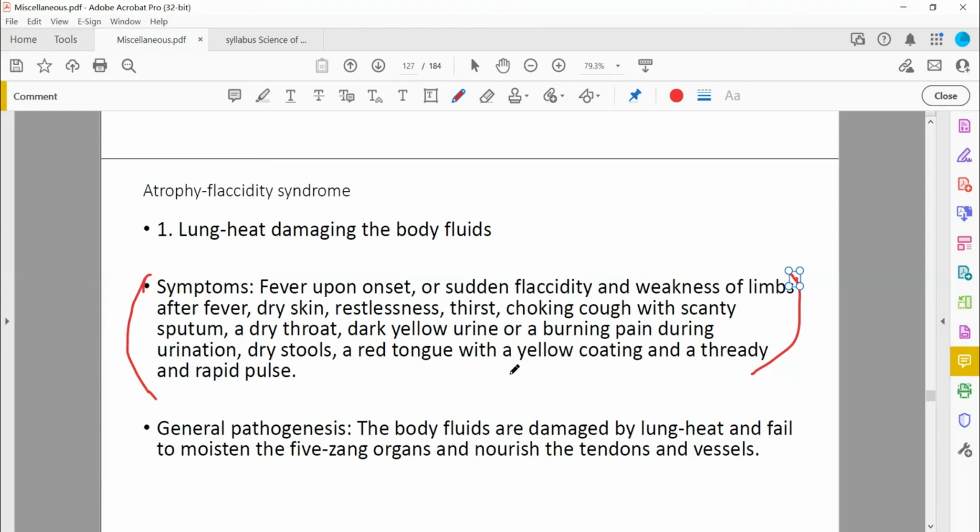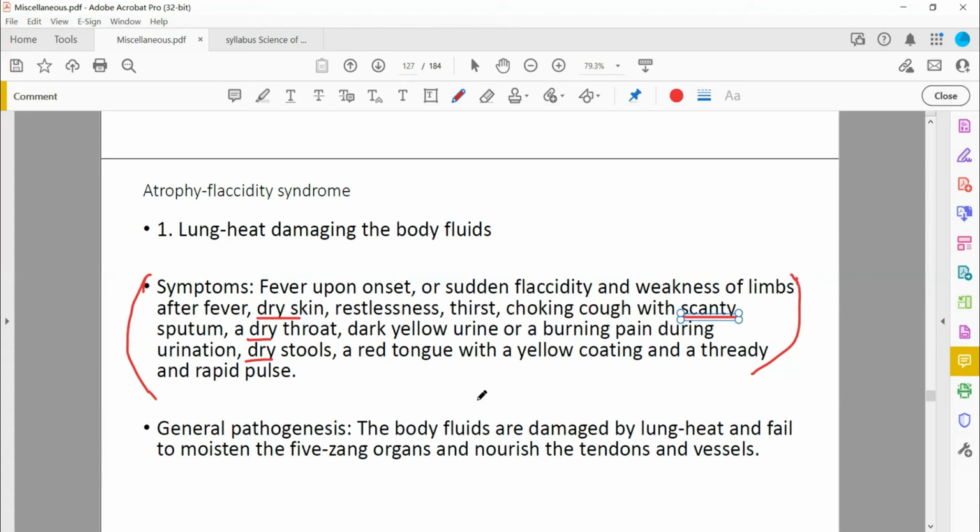So from dryness, which word do you know? I have many: dry skin, dry lymphatic, dry here, dry stool, scanty sputum.